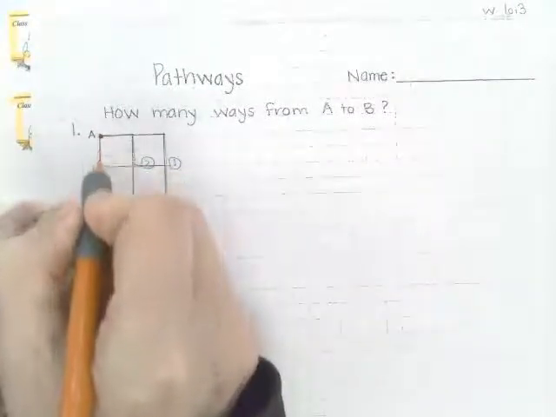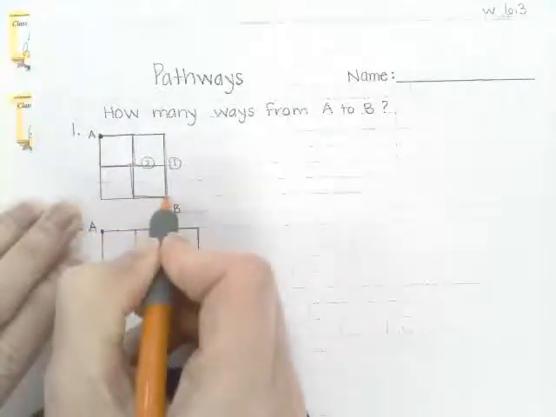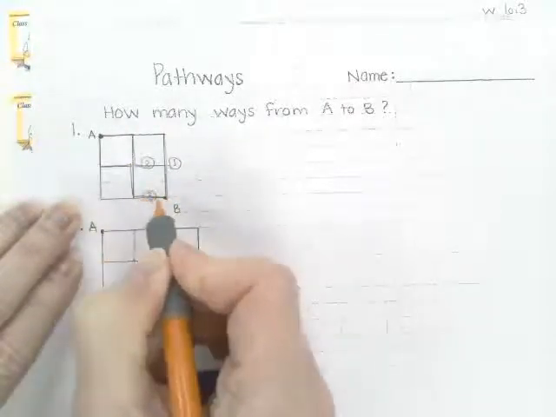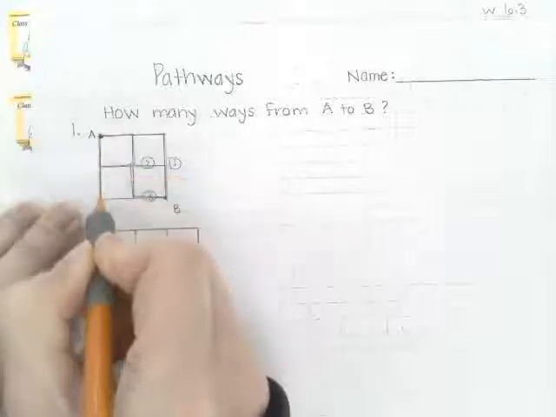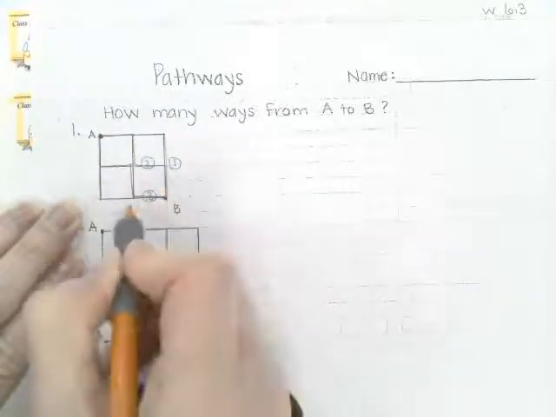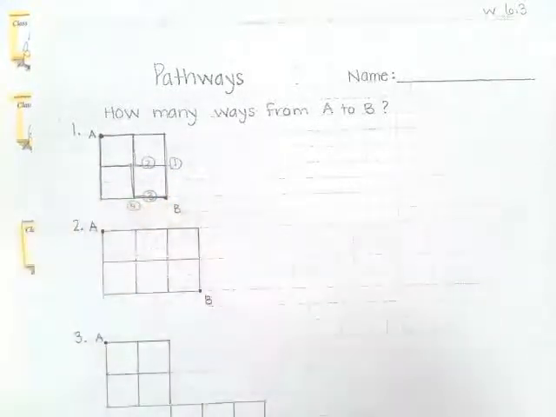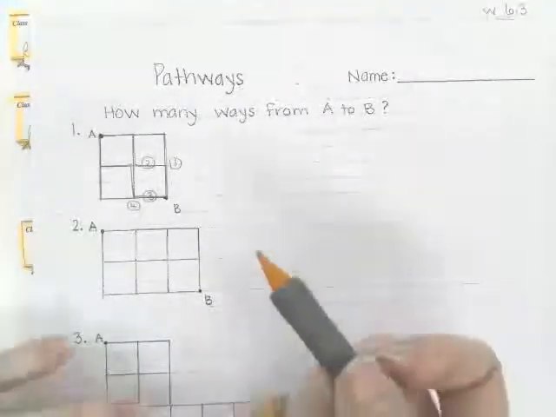I could go down, right, that would be a third way. I could go all the way down and then all the way over, that would be a fourth way. Is there anything else I could do? And as you can see, super painful to look at listing out all of those possibilities.